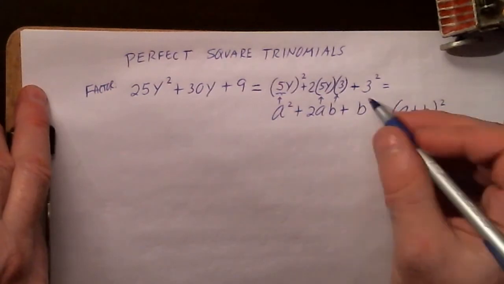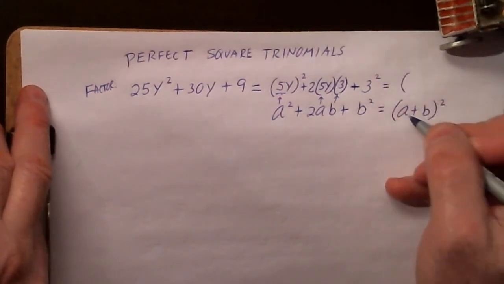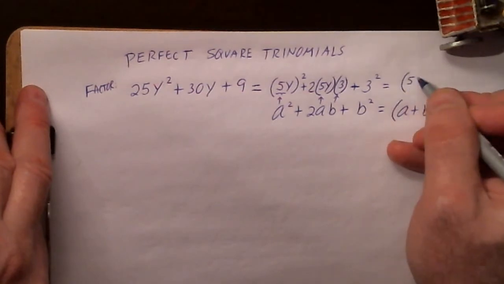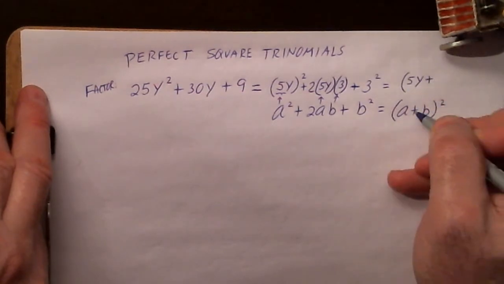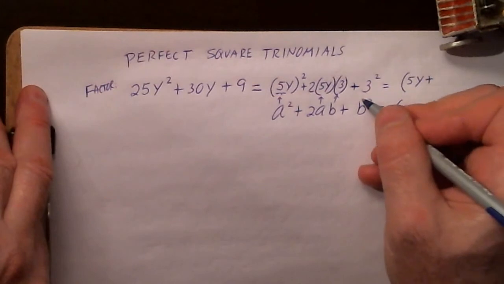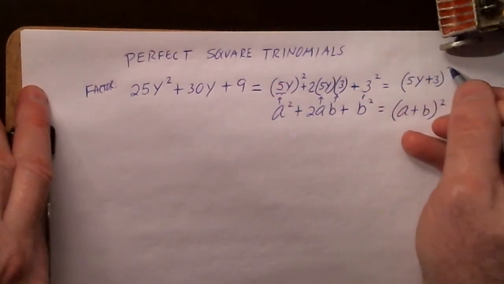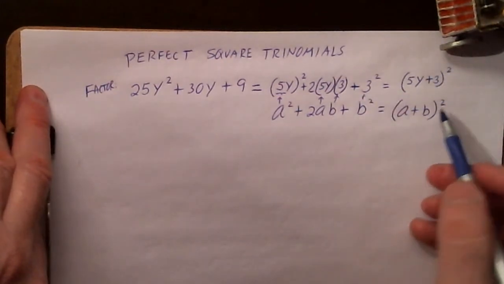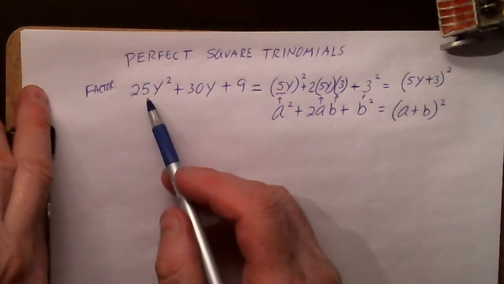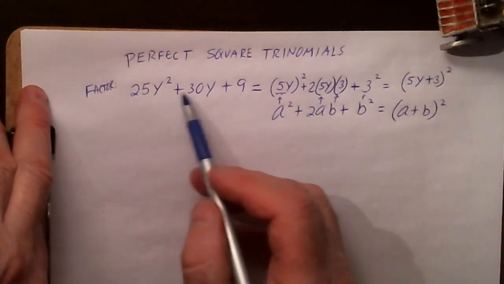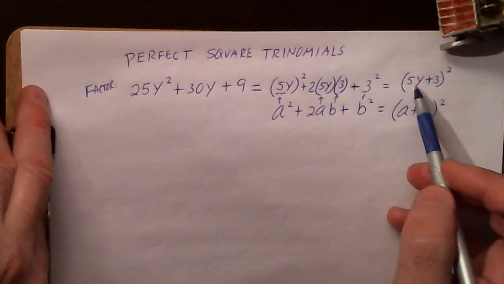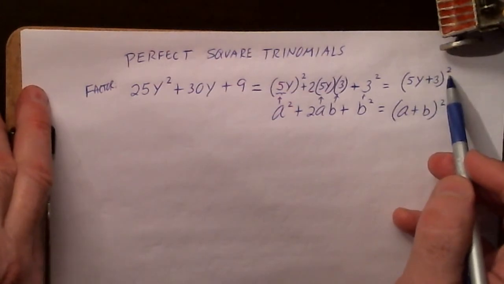So to factor this perfect square trinomial, we replace A with 5y plus, we replace B with 3. And we're done. The correct factorization of 25y squared plus 30y plus 9 is 5y plus 3 quantity squared. It's called a perfect square trinomial.